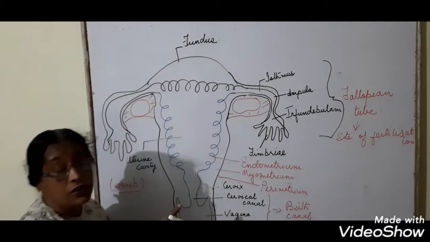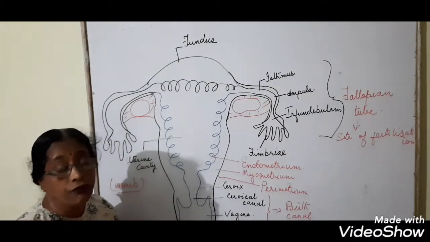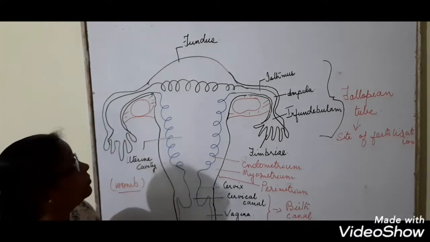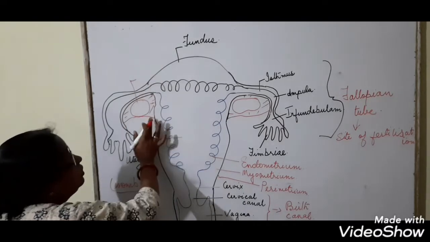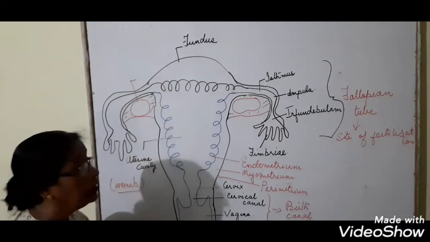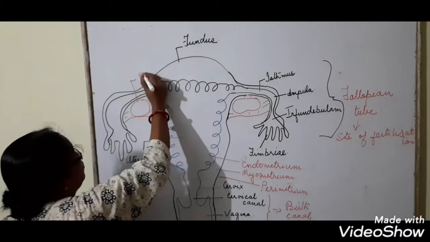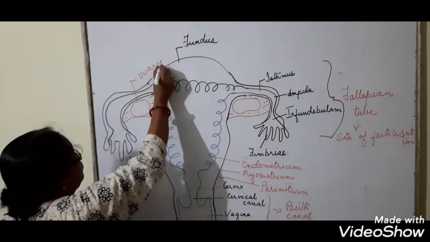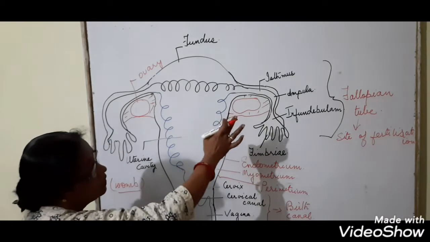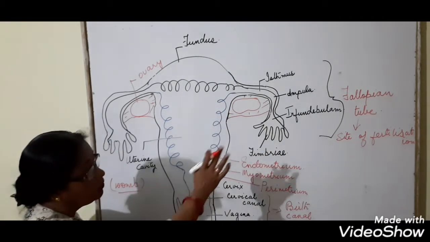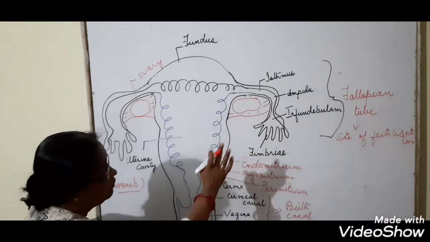So this was all the structure of the female reproductive system. This is the ovary which is attached to the uterus with the help of ligaments. It consists of the fallopian tube. The fallopian tube consists of the isthmus, ampulla, infundibulum and fimbriae.